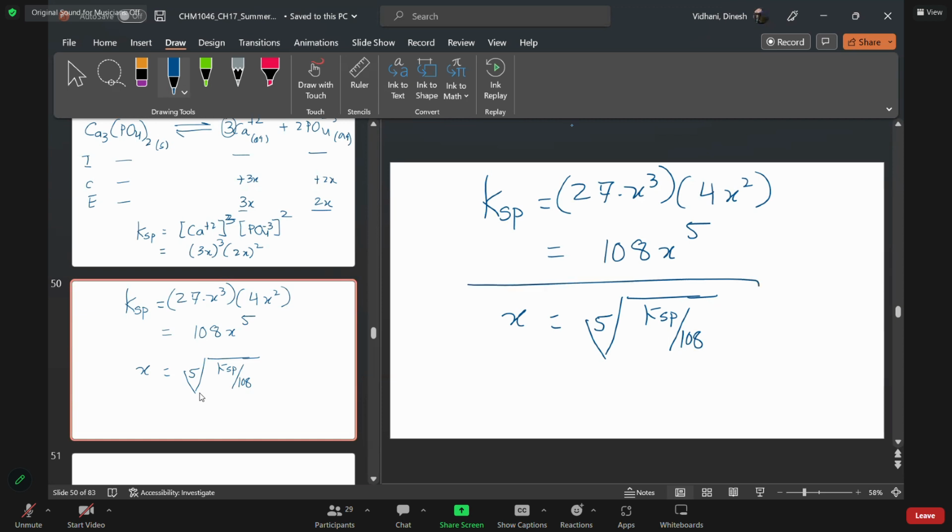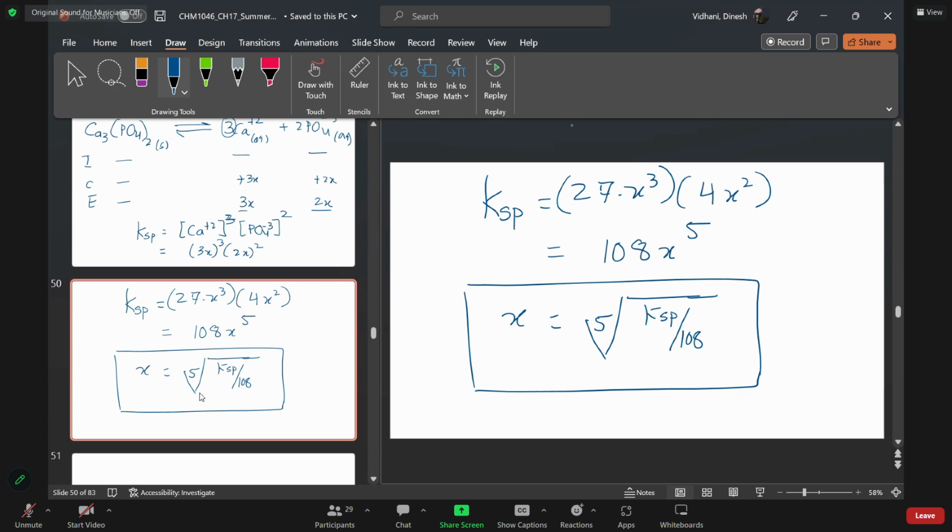Right? So you should be able to find X. If I give you a particular compound, you should be able to write the ICE table, write the KSP equation, and then write X in terms of KSP.